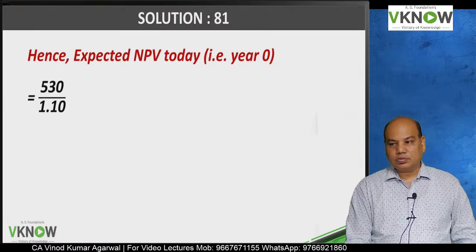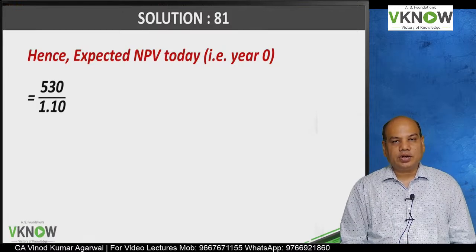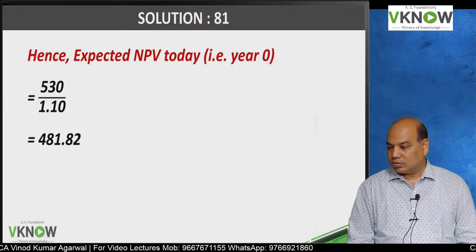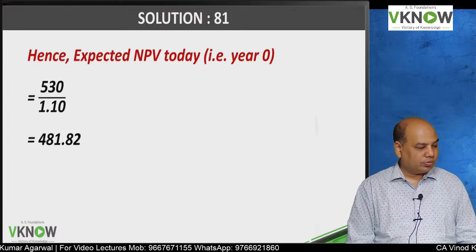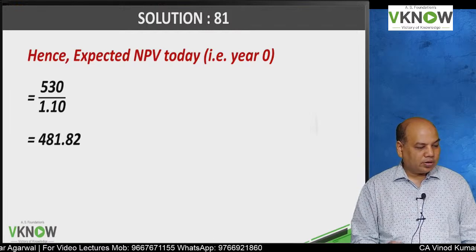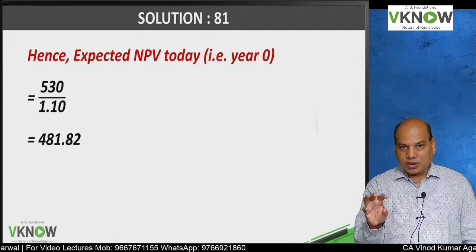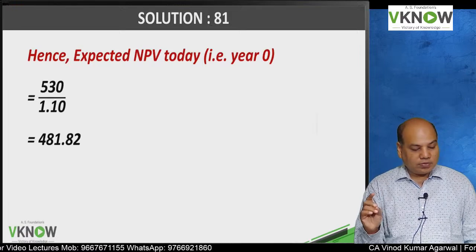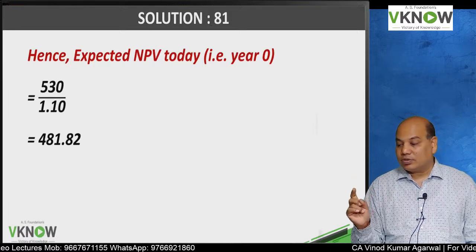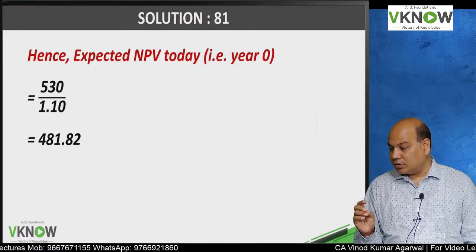Solve. Your answer is 530 divided by 1.10, and that is equal to 481.82. Now compare this answer with the earlier answer. The earlier answer was 530 and now it is 481.82.